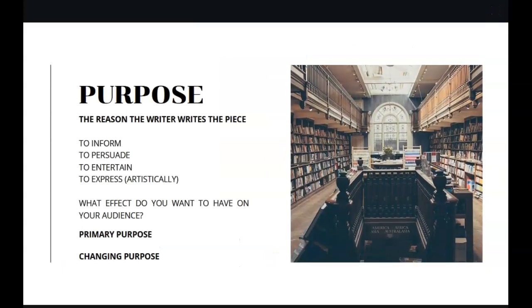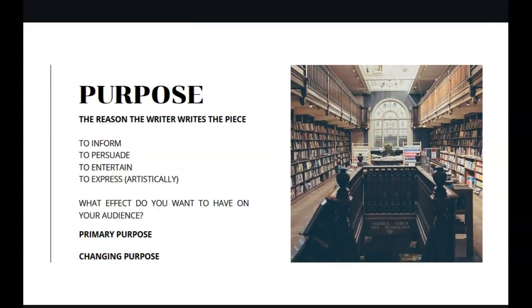So it's just something to think about as you're creating your work, particularly with nonfiction. Now, the other piece of this puzzle here is purpose. Audience and purpose really work well together, and you want to take both into consideration when you're writing. As a writer, you may think about these before you start writing, or as you're within the process. With purpose, you're identifying the reason that you're writing that piece.